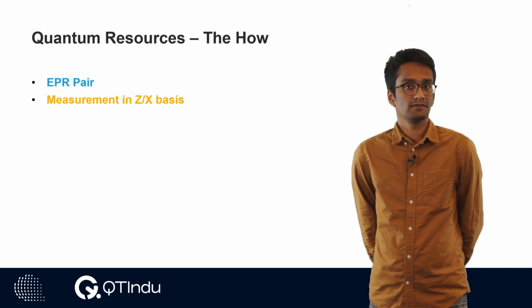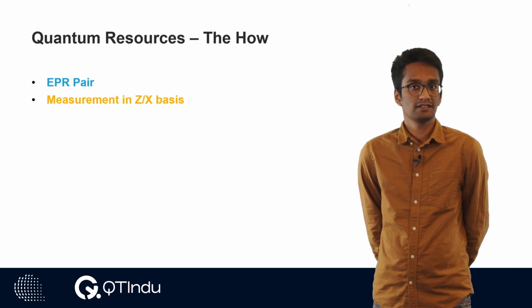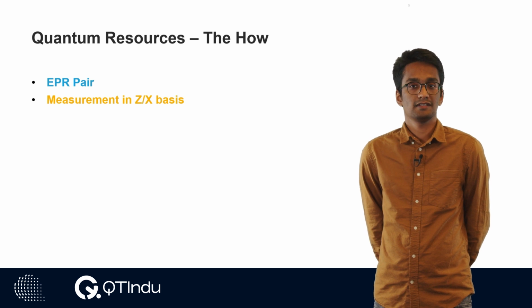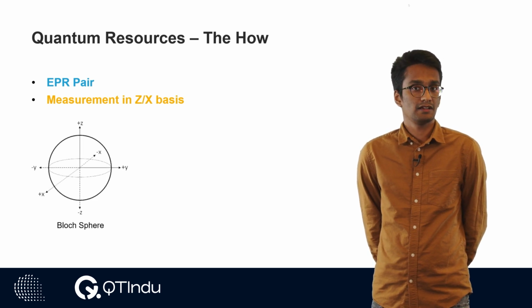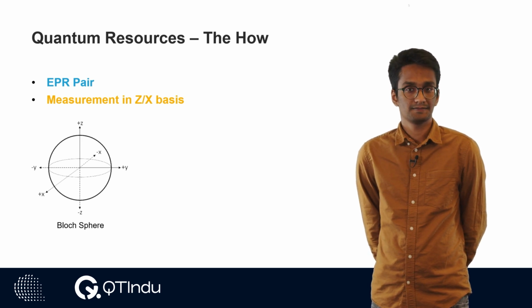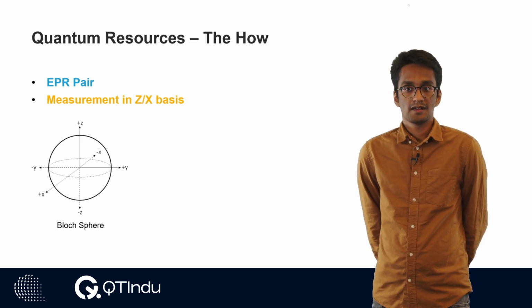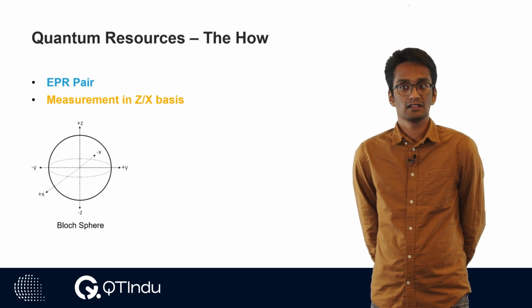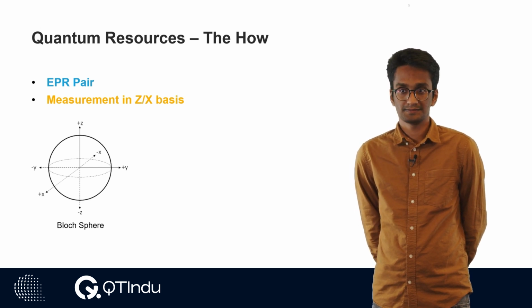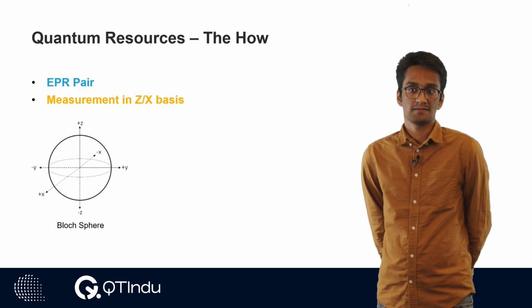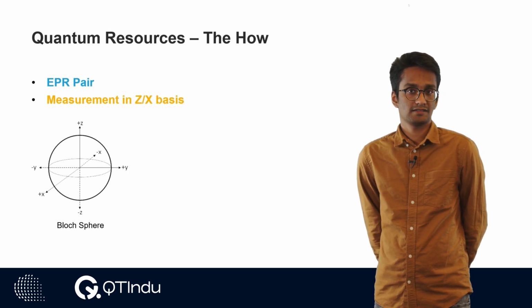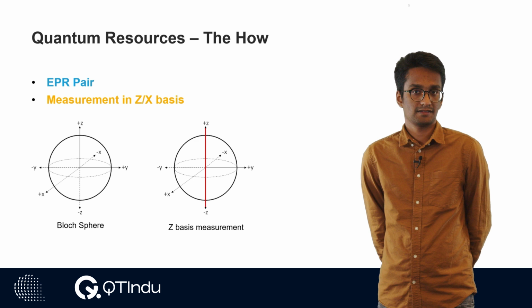The next topic that we will come across in this submodule is measurement. As you might be aware, a single qubit can be represented on a Bloch sphere. Think of measurement as taking a look at the state of this qubit. In quantum information, measurement is done according to a basis or an axis.